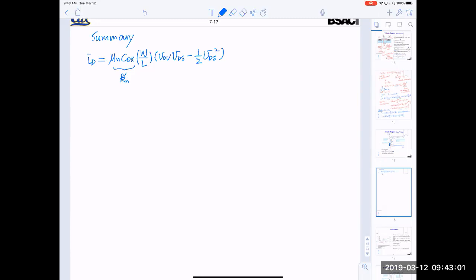W over L is at the discretion of the circuit designer, so you have the freedom to change usually W, and usually you keep L as a standard gate length. We often also lump W over L together with a symbol Kn.